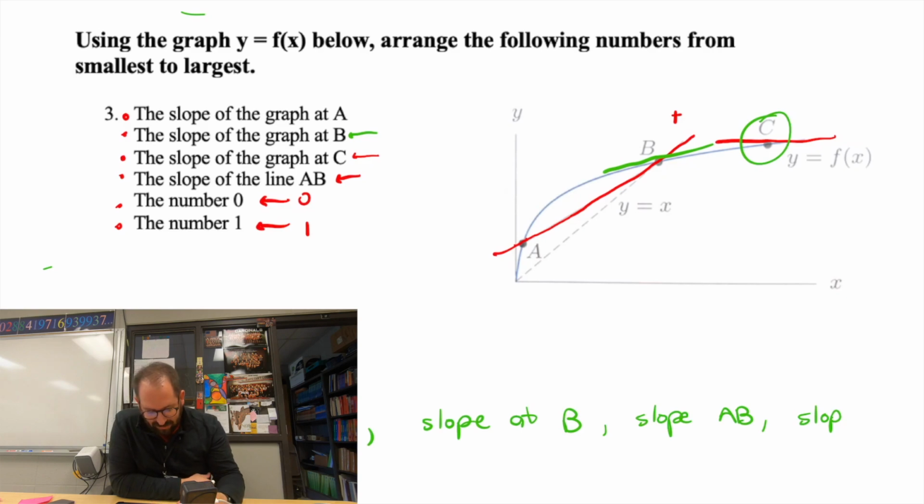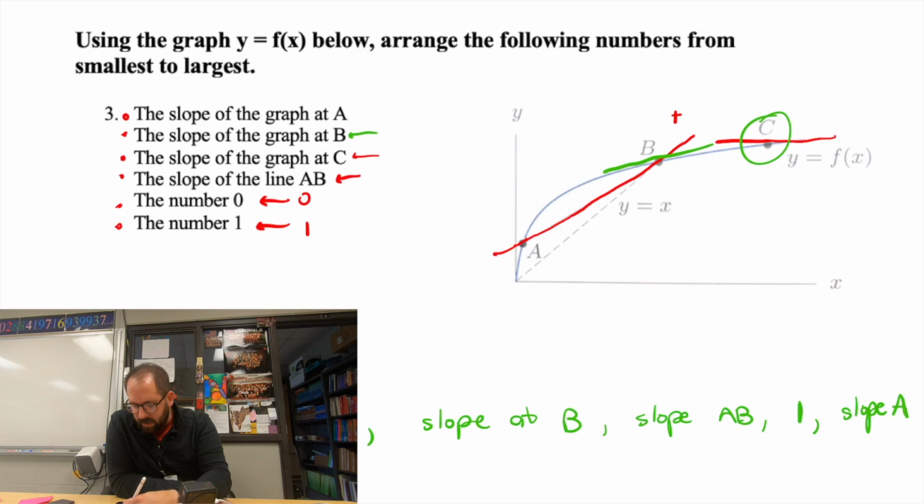All right, we're continuing. I would say the slope at AB would probably be next, and then 1 is probably the next number, and then the slope of A. How do I know that?